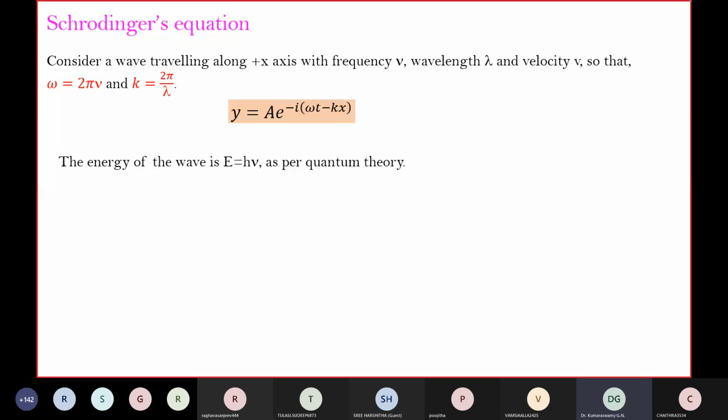Since E is equal to h nu as per quantum theory, just rearranged, nu is equal to E by h. And we have omega is equal to 2 pi nu, which is equal to 2 pi E by h, which is equal to E by h cross. Note down this, which is E by h cross.